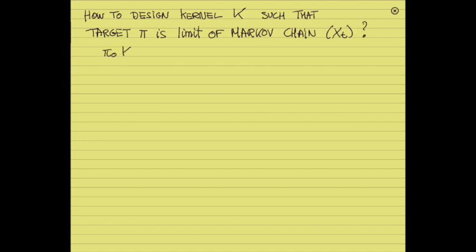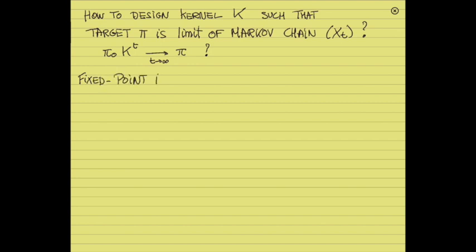In such a case, the marginal distribution of the Markov chain, pi 0 K to the t, so that's the distribution of the chain after t steps of the Markov kernel started from pi 0, might go towards pi.